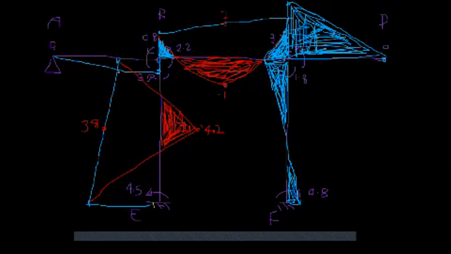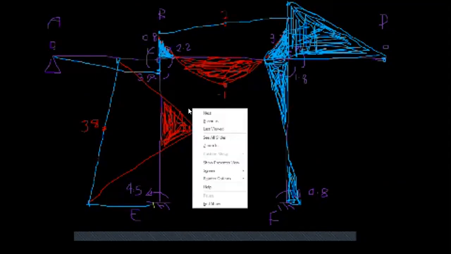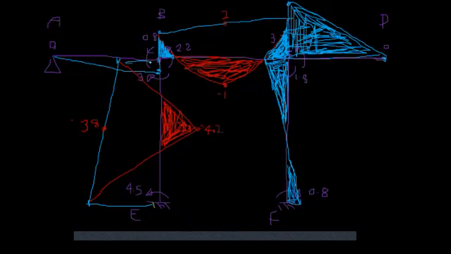This is not cancelling because it is the top member and this is the vertical member, right?